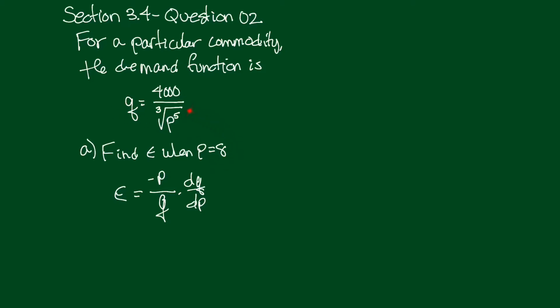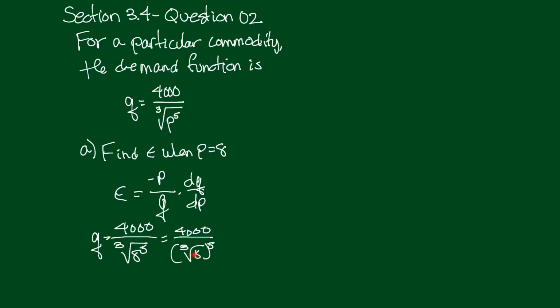So I'm going to come back up here and put 8 in here. So we are going to get that Q is equal to 4,000 over the cube root of 8 to the 5th. But I'm going to write that like this: 4,000 over the cube root of 8, all that to the 5th. You remember from your algebra course that you can take an exponent inside or outside.